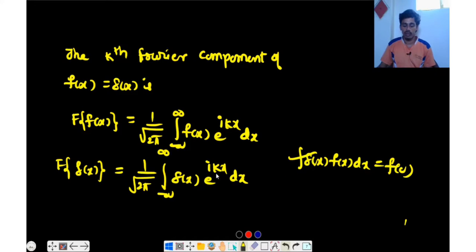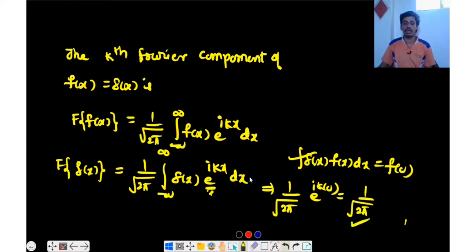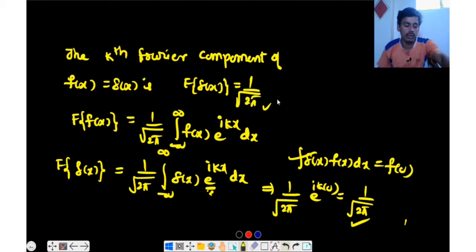Using this, we substitute 1 by root 2 pi, e to the power ikx with x equal to 0. Now we get e to the power 0, so 1 by root 2 pi is the answer. This is the Fourier transformation of del of x, equal to 1 by root 2 pi. This is the 2006 GATE question.